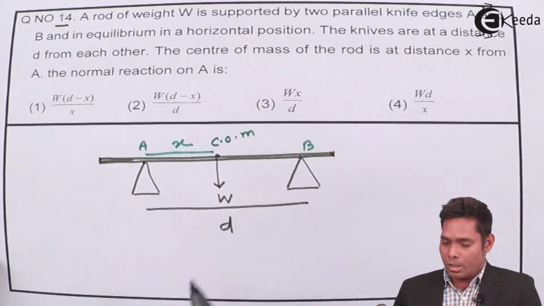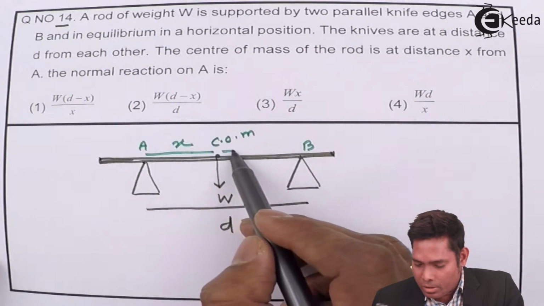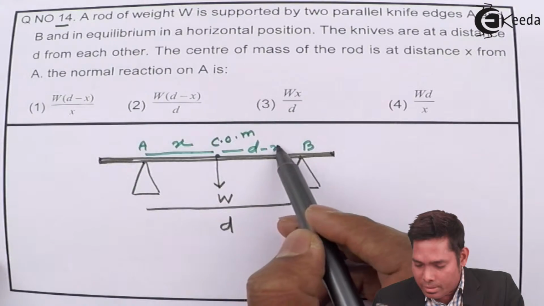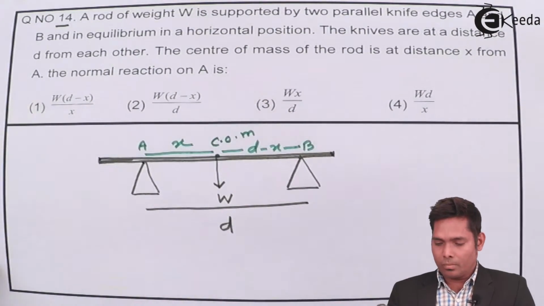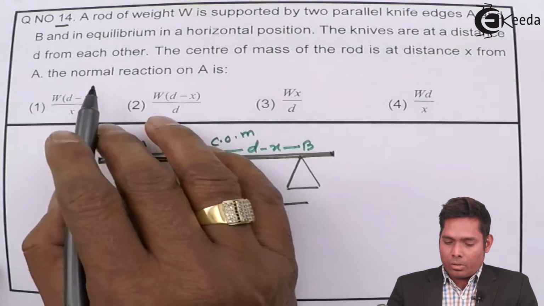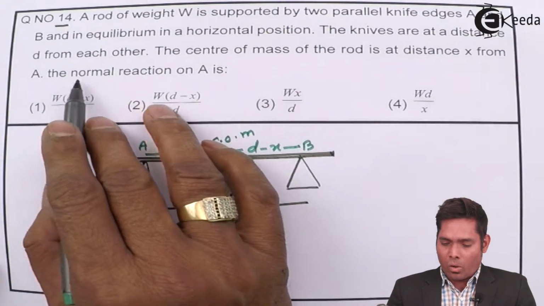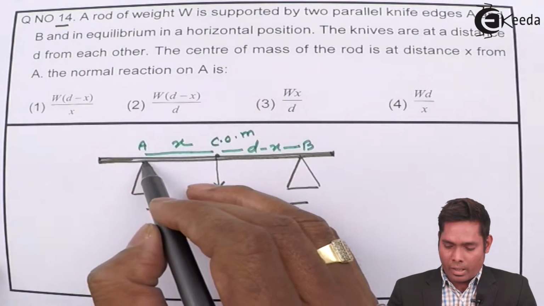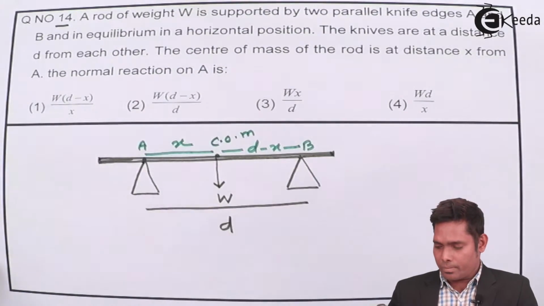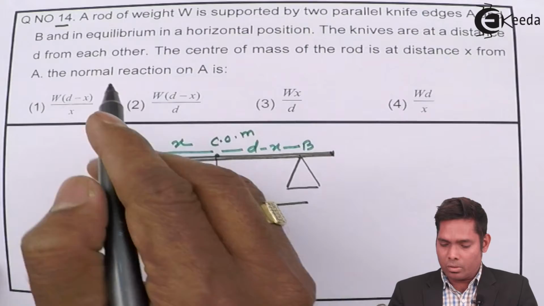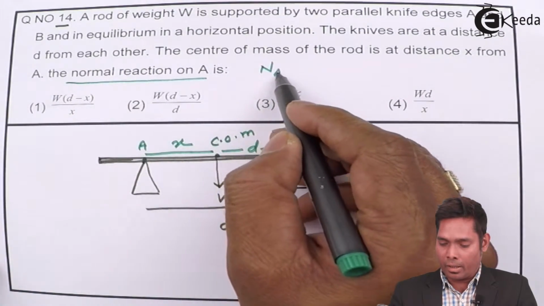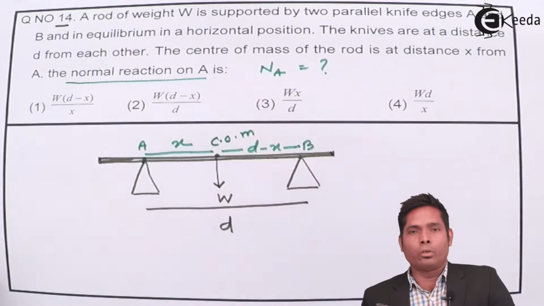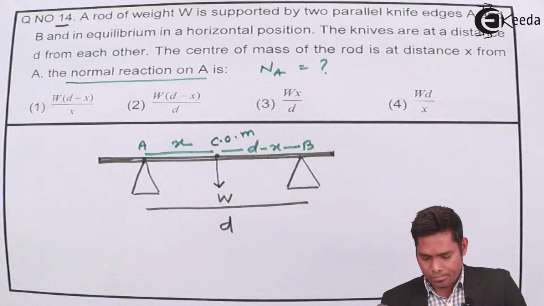If this is x, then obviously this distance will be D minus x. Then you have to find the normal reaction on A. On A at this point, what is the normal reaction? So the question is to find the normal reaction on A, which I call NA.